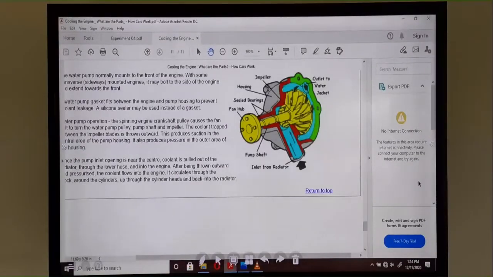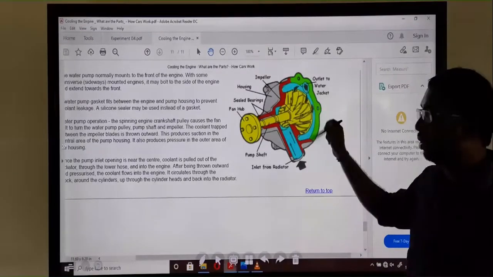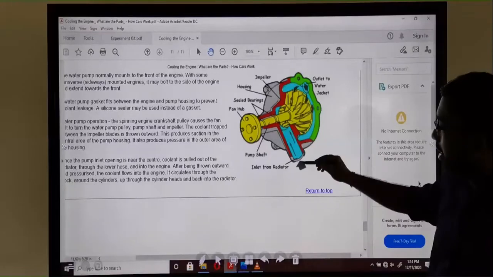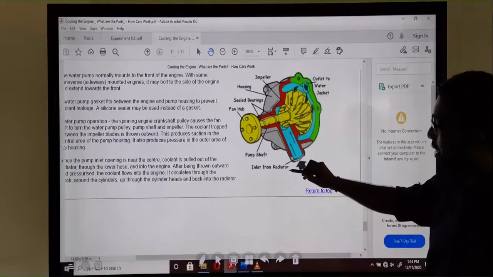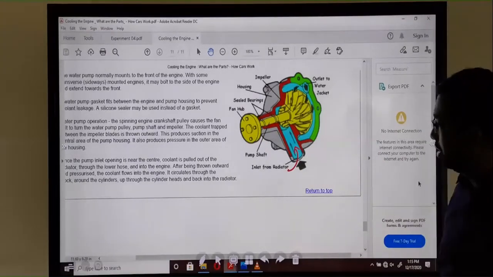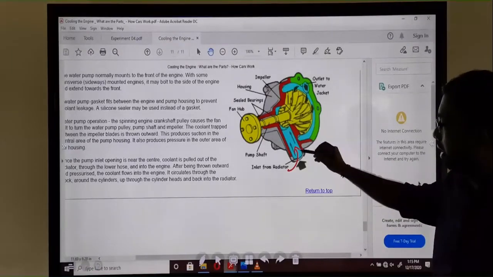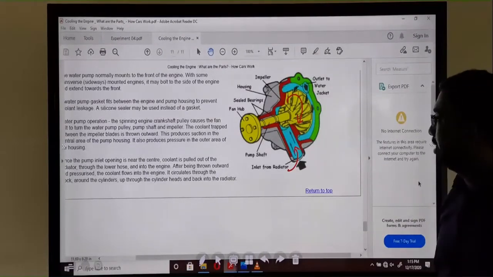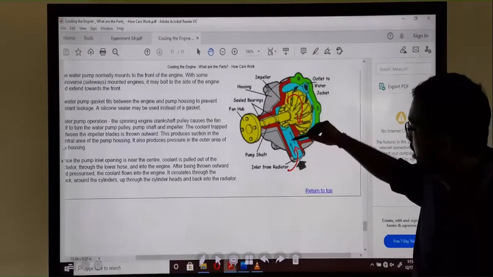You can see the pump here. There is a rotary wheel called the impeller. The coolant enters here. This impeller is rotated like this. So what will happen?